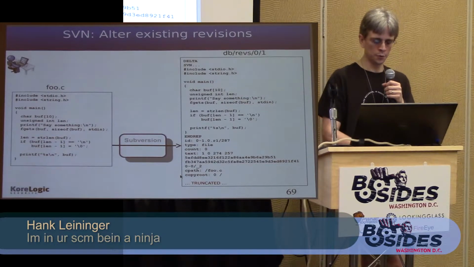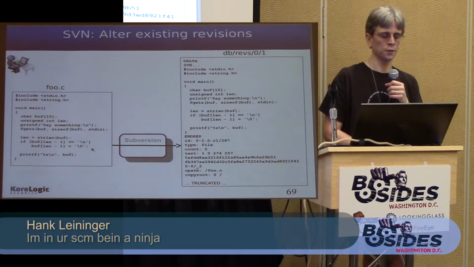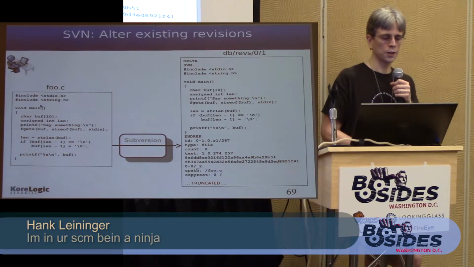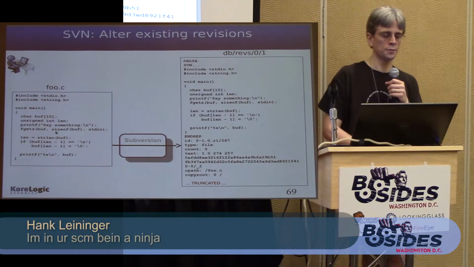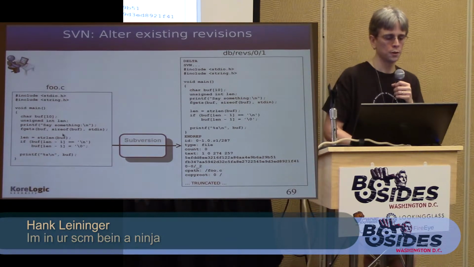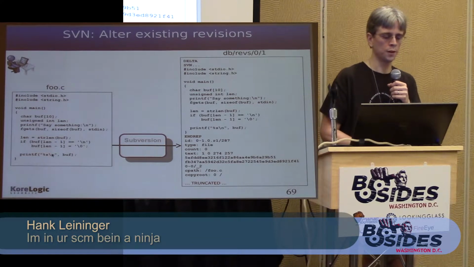So, for an example of what the on-disk format looks like on Subversion, we're checking in foo.c. This is our safe code that does a, blah, blah, blah. It prompts the user, does an fgets to get a message from the user, and then prints it.